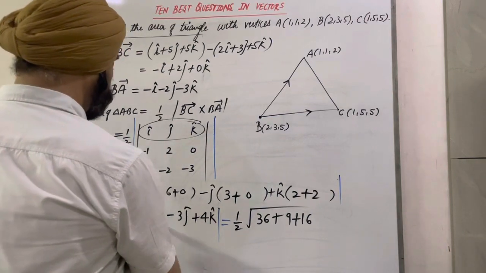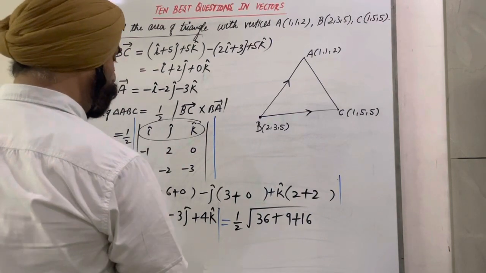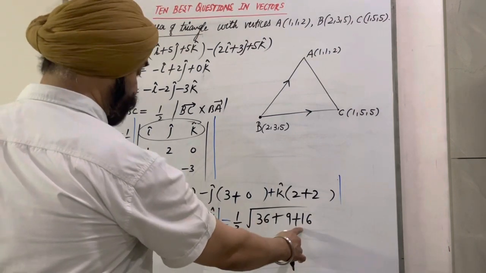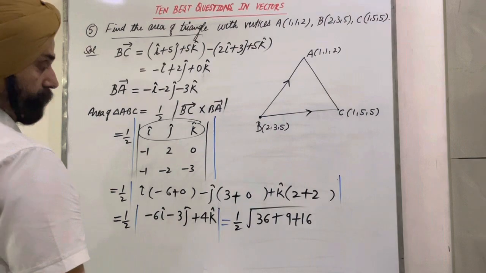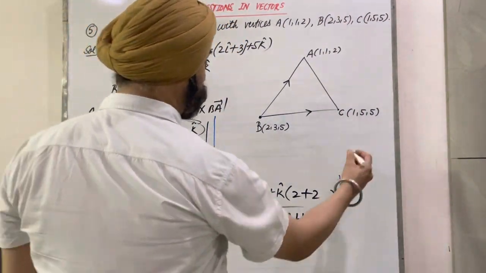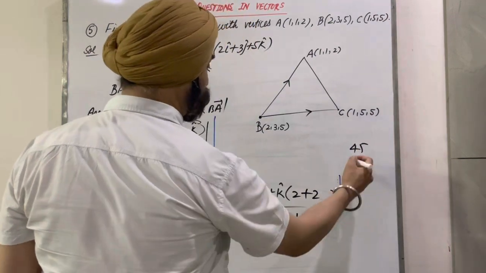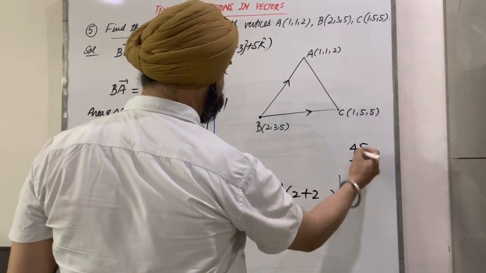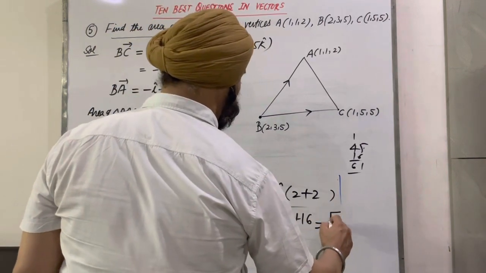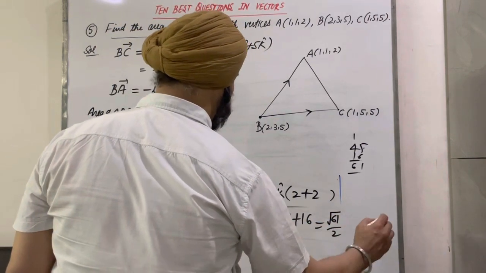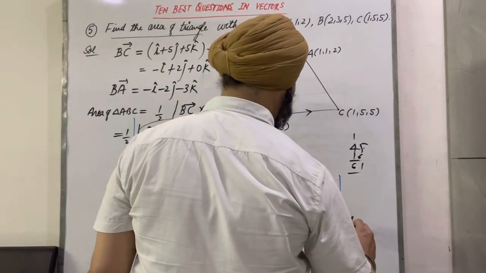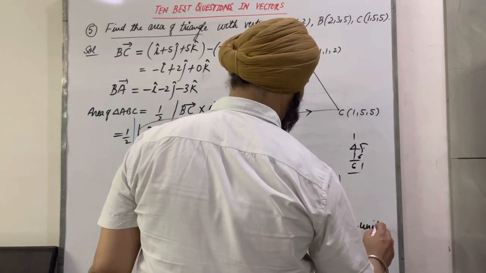So 36 plus 9, 45, 45 plus 16 makes it 61. So what we get is root 61 divided by 2. Since we are dealing with area, don't forget to write the units as square unit.